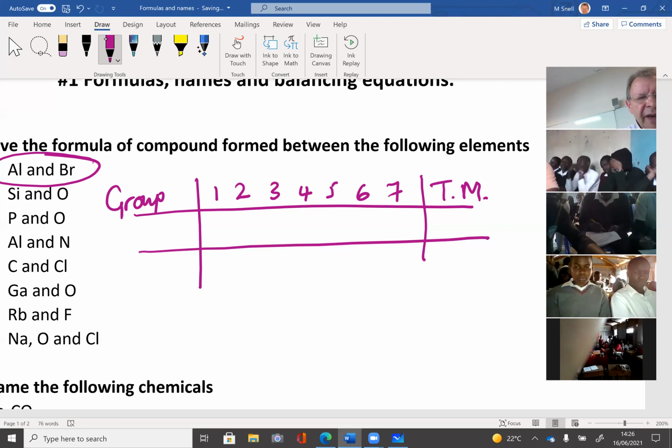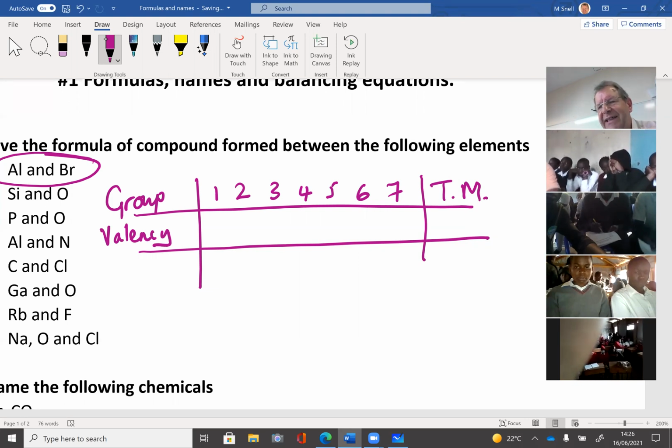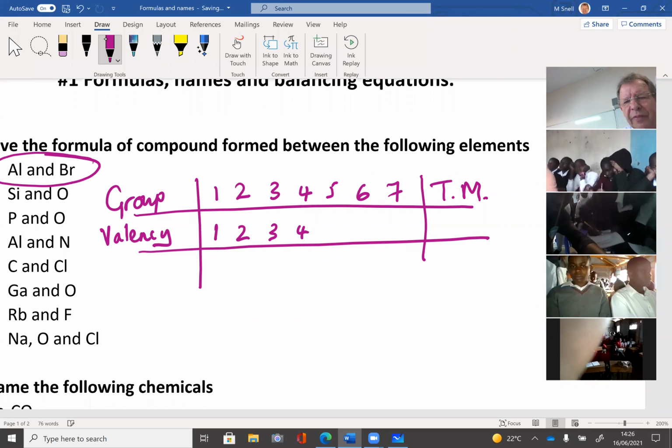Then I'm going to put in the valency. Now, most of you know what valency is, but I'm just going to show you the pattern, because the pattern you probably know is 1, 2, 3, 4, 3, 2, 1.